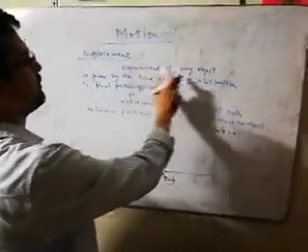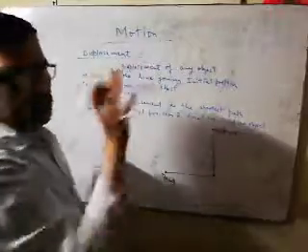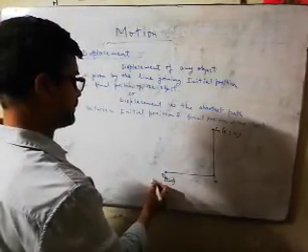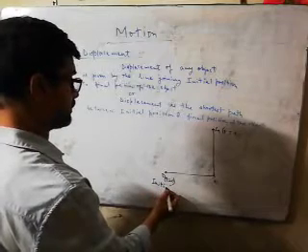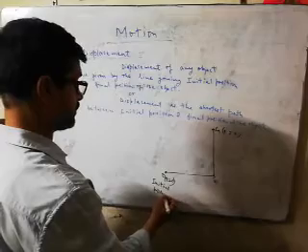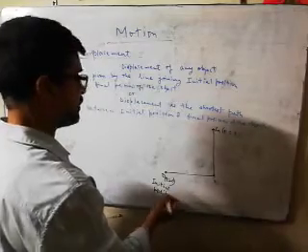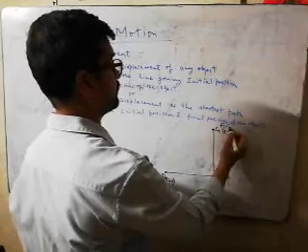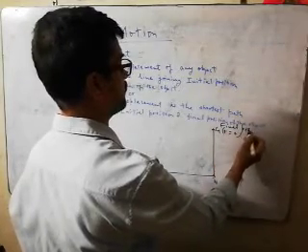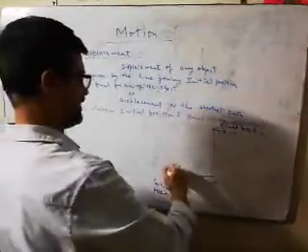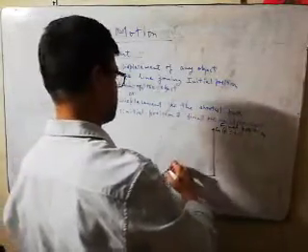Then according to this definition of displacement, this is the initial position. And this is the final position. So you join the line, initial position to final position.